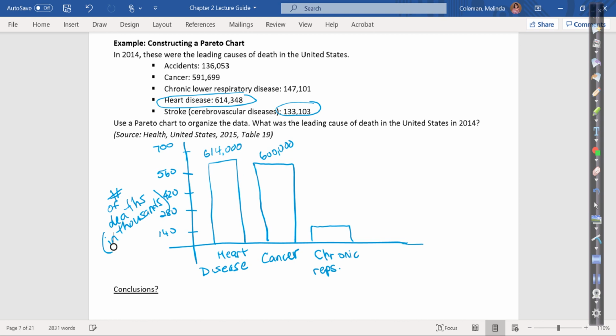Then the next two, again, are still way down low, so it's going to be a little harder to decipher because of the way that this is scaled. So this one was 147,000. This next one is going to be accidents. And the accidents represent about 136,000. And then the last one is about 133,000. And that's going to represent strokes.